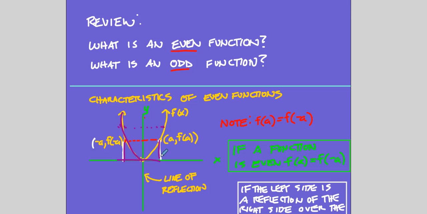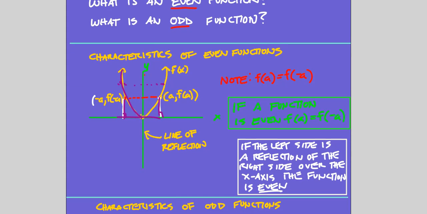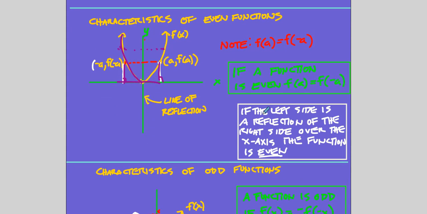When we measure height, of course, we measure perpendiculars. So if a function is even, we say that f of A equals f of negative A. In layman's terms, if the left side is a reflection of the right side over the y-axis, the function is even. Once again, if the left side of the function is a reflection of the right side over the y-axis, the function is even.